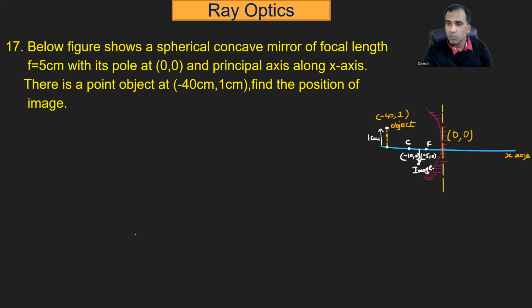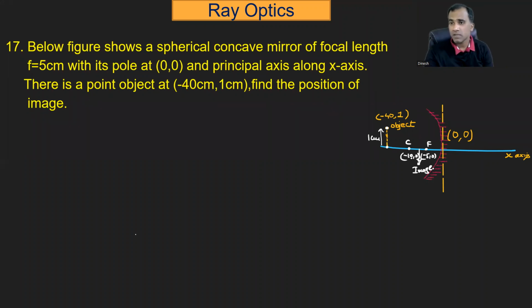What can you tell me about the image position? We know that it is below the principal axis, that much we know, because the extended object's image will be inverted. So the point above the principal axis will have an image below the principal axis when you place the object in the third or fourth region, because the image will be inverted. If this is 1 centimeter, the position of the image is below the principal axis, and how far is it from the principal axis?